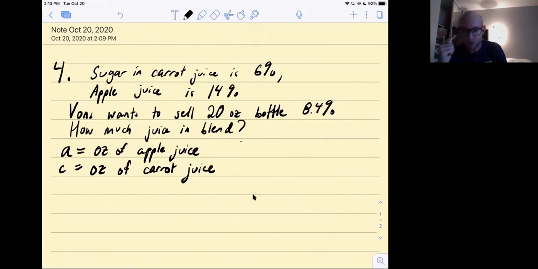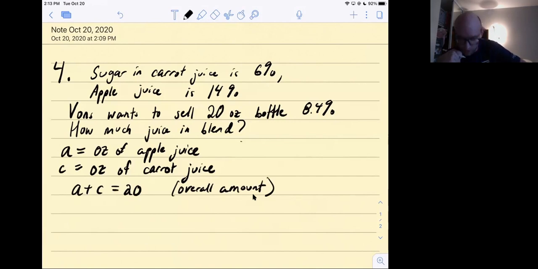And now we know that we want to make a 20-ounce bottle. So that tells us A plus C equals 20. That's the overall quantity. Usually these types of problems have some equation that represents the overall amount. For the next equation, anyone want to suggest what quantity we should focus on? This is very similar to the blended teas.